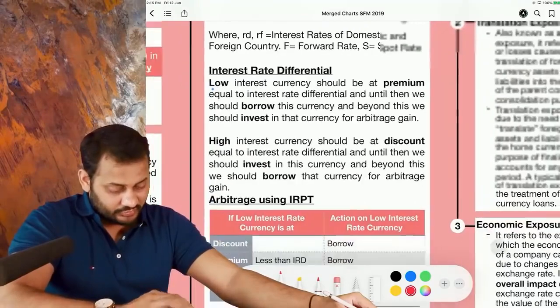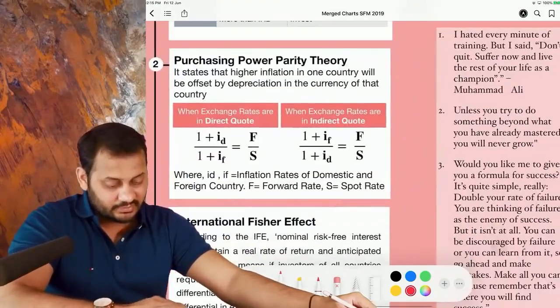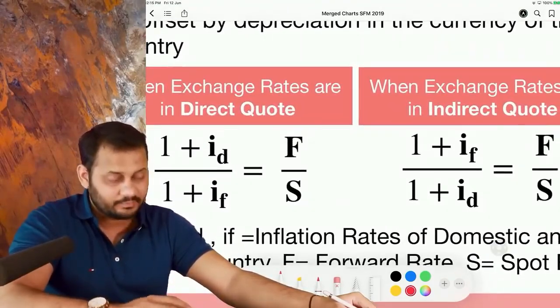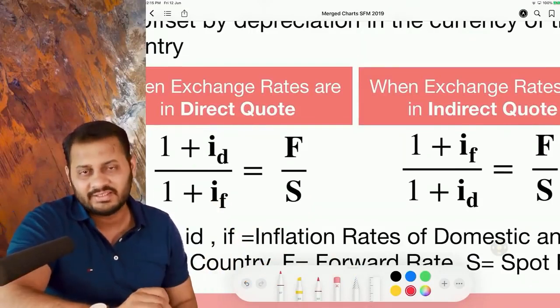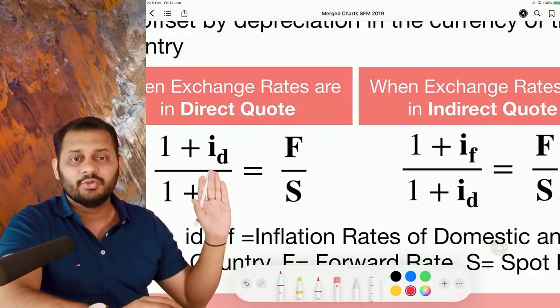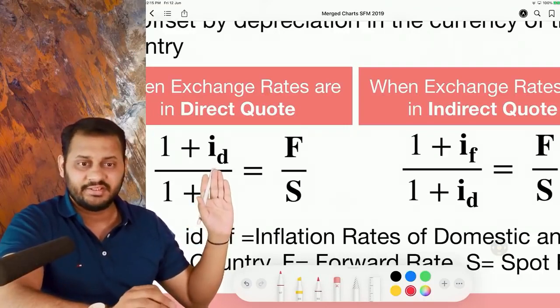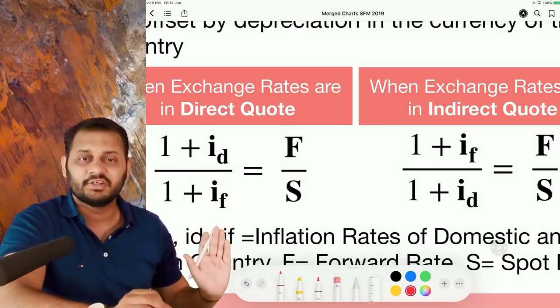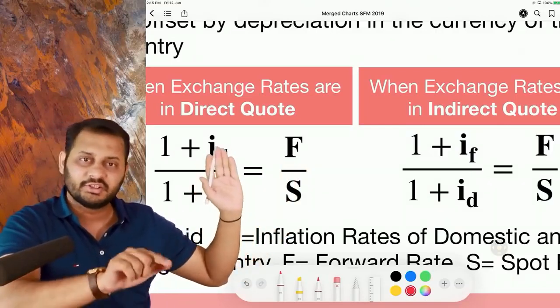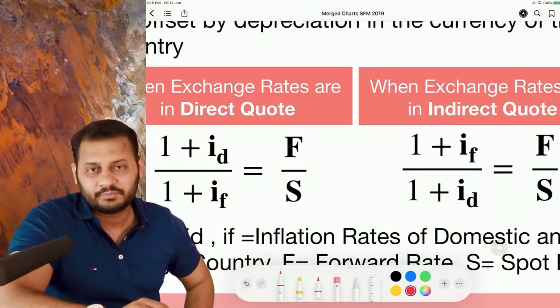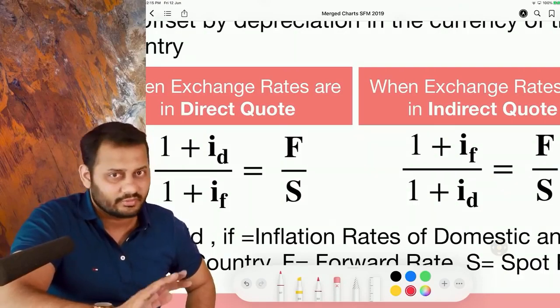Before moving forward, I will explain the purchasing power parity theory, as it is similar to the interest rate parity theory. Instead of interest rate, you use inflation rate here. Inflation in the domestic country, inflation in the foreign country. If it is an indirect quote, put inflation in the foreign country in the numerator and the domestic country in the denominator. Okay.